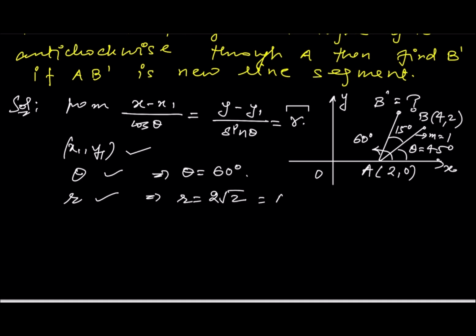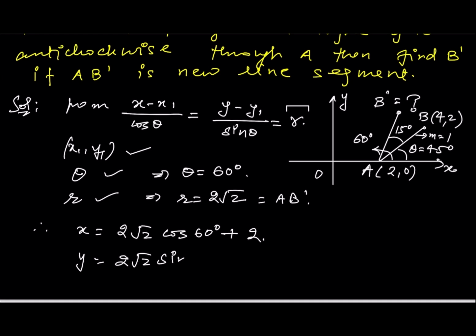Okay, so therefore x is equal to 2 root 2 cos 60 degree plus x1, that is 2, and y is equal to 2 root 2 sin 60 degree plus 0.